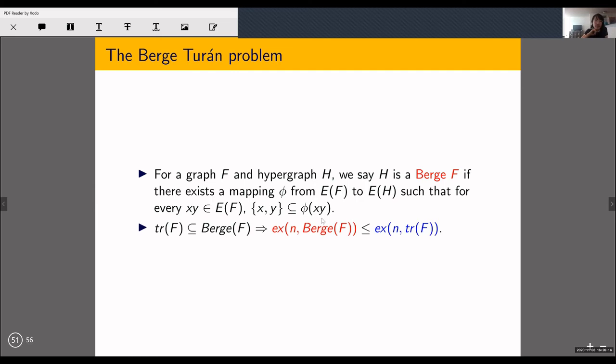And in particular, a trace of F is a special class within the Berge Fs. And what this tells us is that, sorry, again, this should have R here, this should have R here. The Turán number of Berge F is at most the Turán number of trace of F. Okay, so what we wanted to do was also look at how these functions compare.